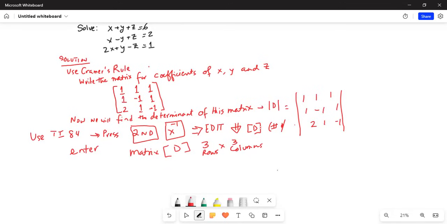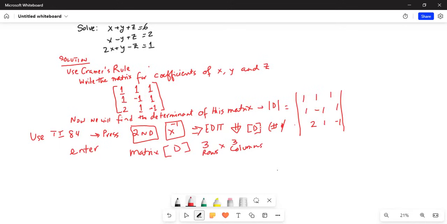In the second row, 1, then minus 1, using the minus key to the left of enter, and 1. In the third row, 2, 1, and then minus 1, enter. So we have matrix D. The best thing to do is then quit, so second and the on button.